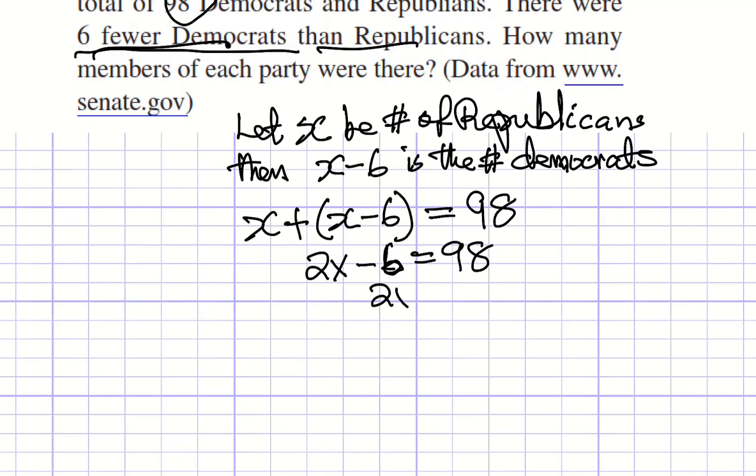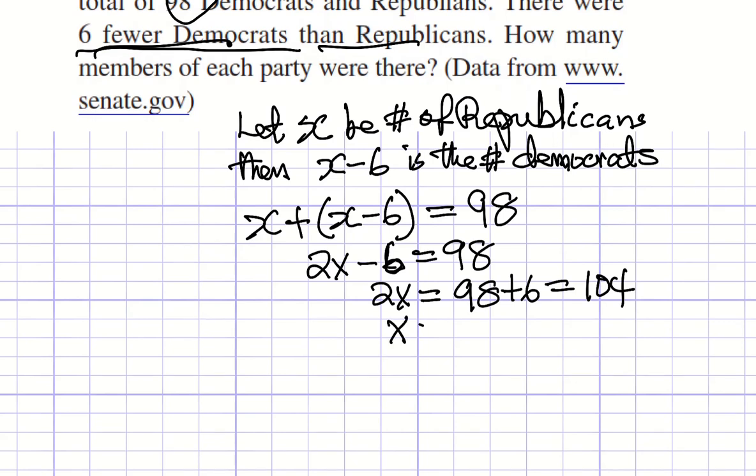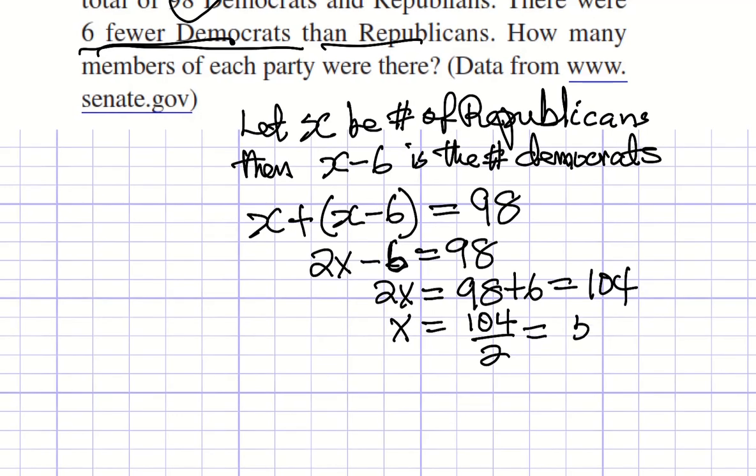And then 2x equals 98 plus 6, that's 104. Then remove 2. X equals 104 over 2, which is 52.